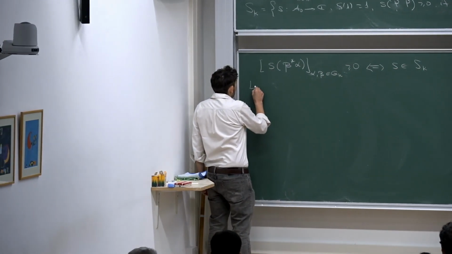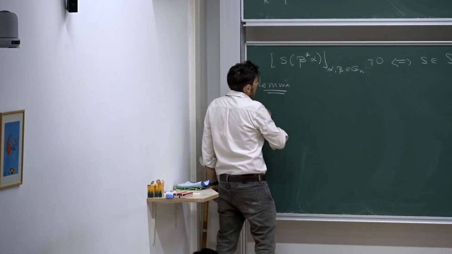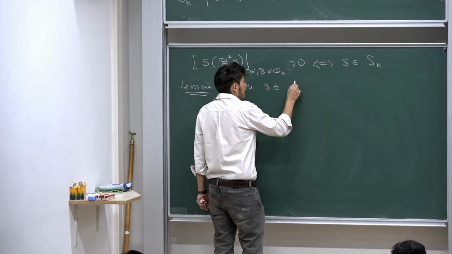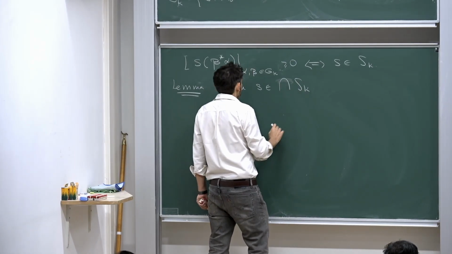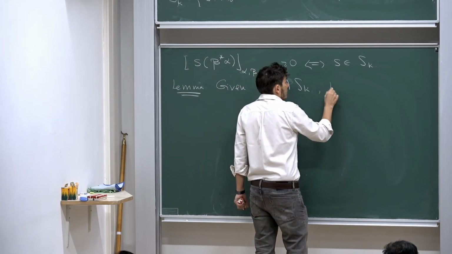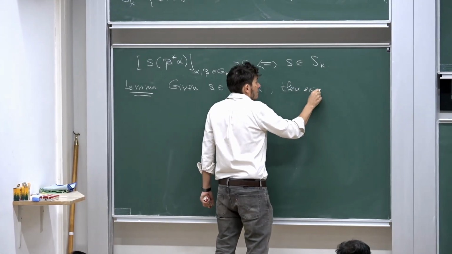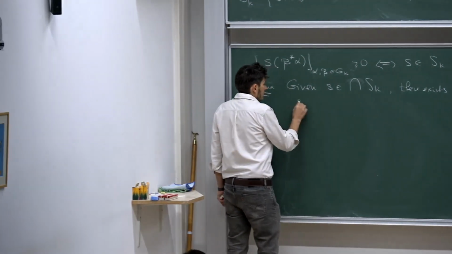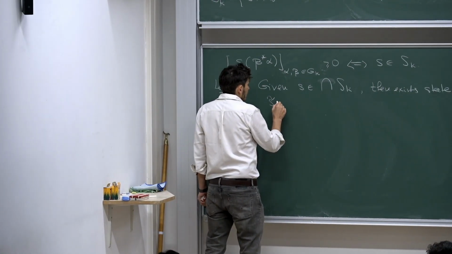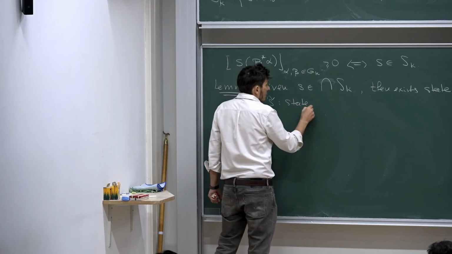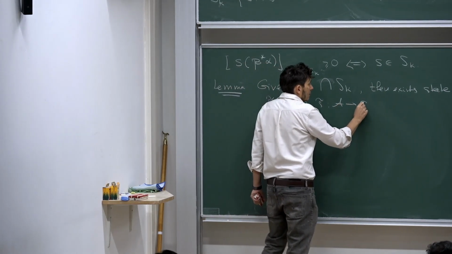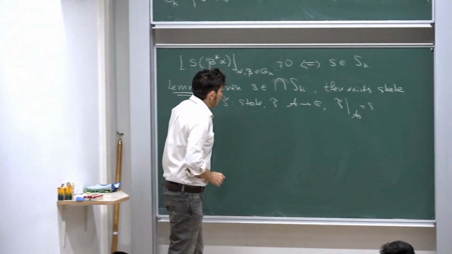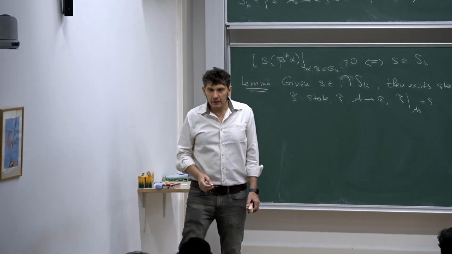So this is the kind of lemma: given some S that is in the intersection of all those S sub k's, there exists a state, some kind of extension if you wish, on the whole A, which restricts to S. So for this, you try to do the GNS construction, right?